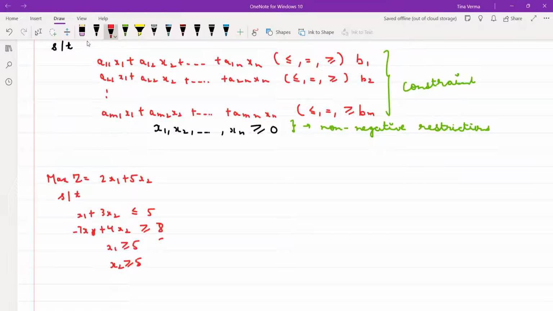Is this given problem an LPP? Yes, right? Because you can write the constraints in linear form, like c1 x1 plus c2 x2, here a1 x1 plus a2 x2, and here b1 x1 plus b2 x2, and here you have the constant. So this is an example of an LPP.